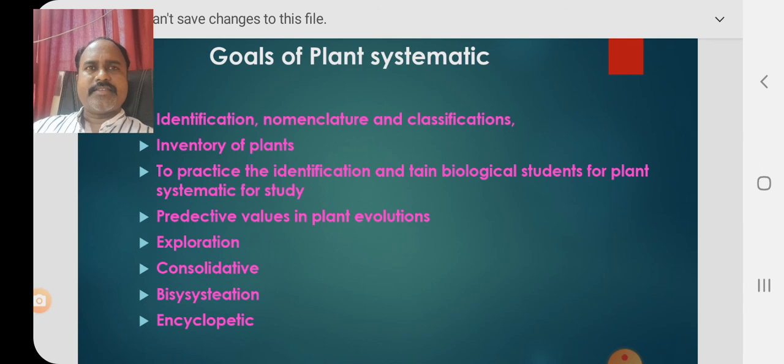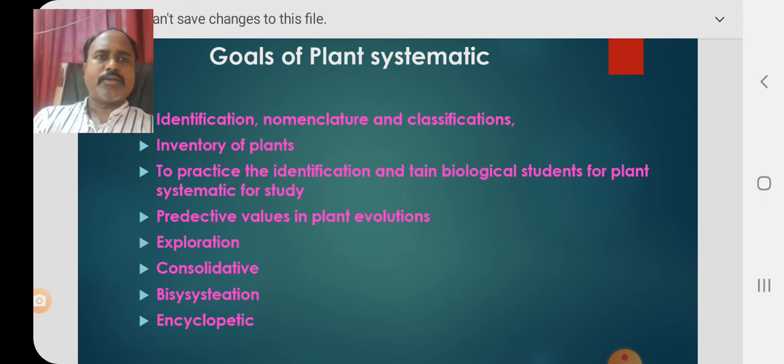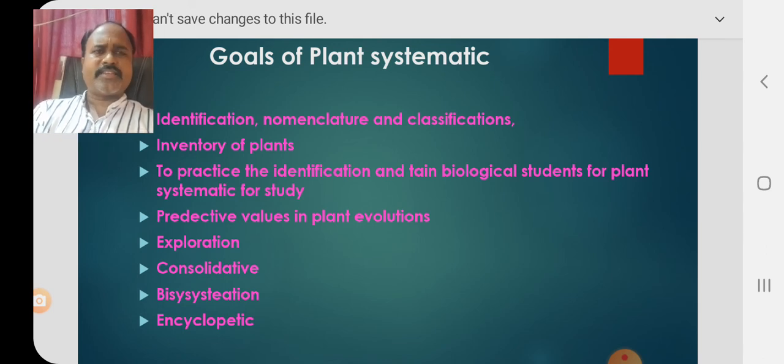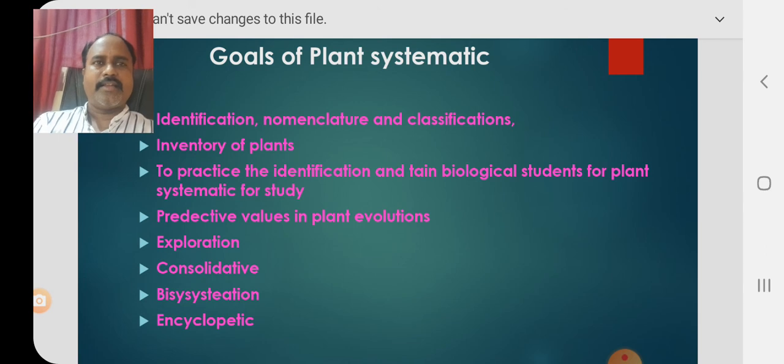So this is about the systematics objectives and goals. In the next lecture, we will go through the next subunit, plant nomenclature, in detail. Thank you.